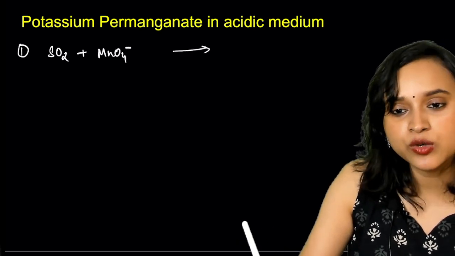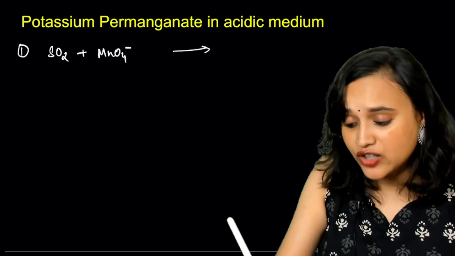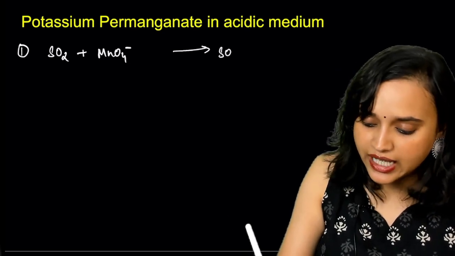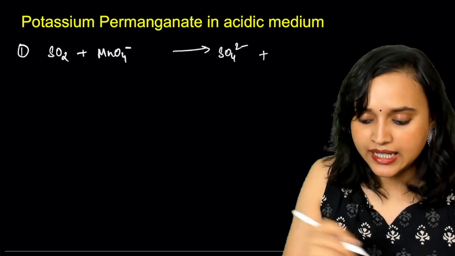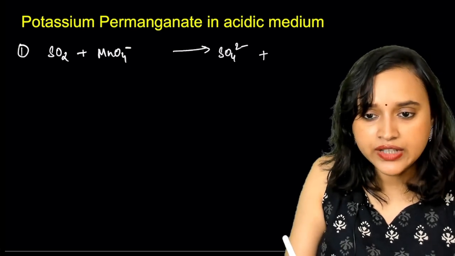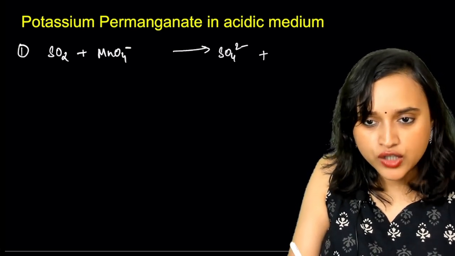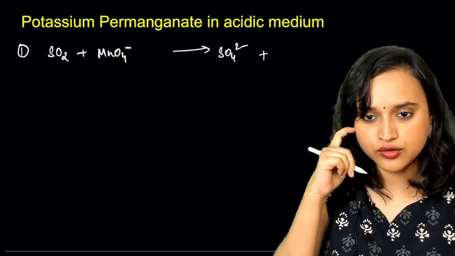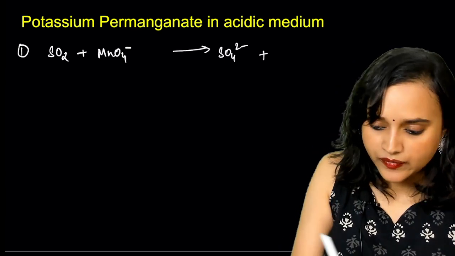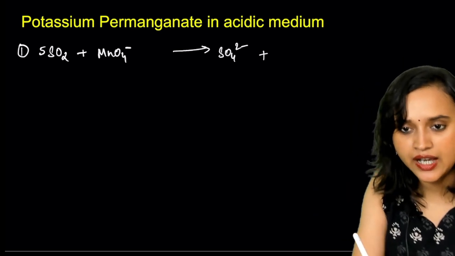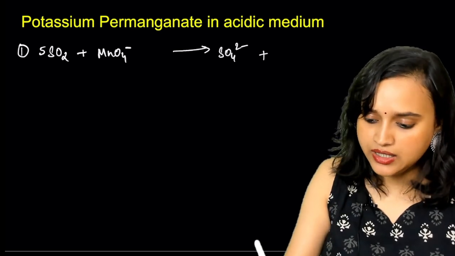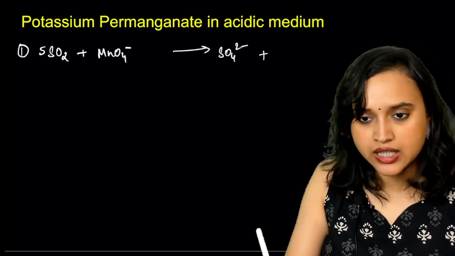It is going to convert it to SO4 2 minus. On this side we have 4 oxygen, and here 4 oxygen. So let's say I am taking 5SO2. If I take 5SO2, how many sulfuric acid will I get?